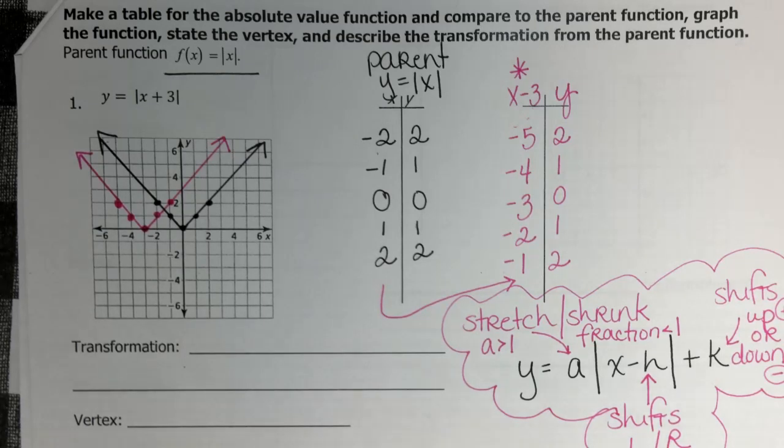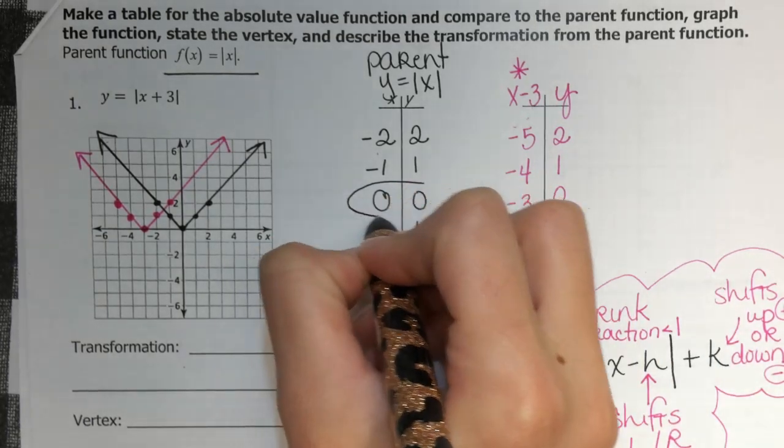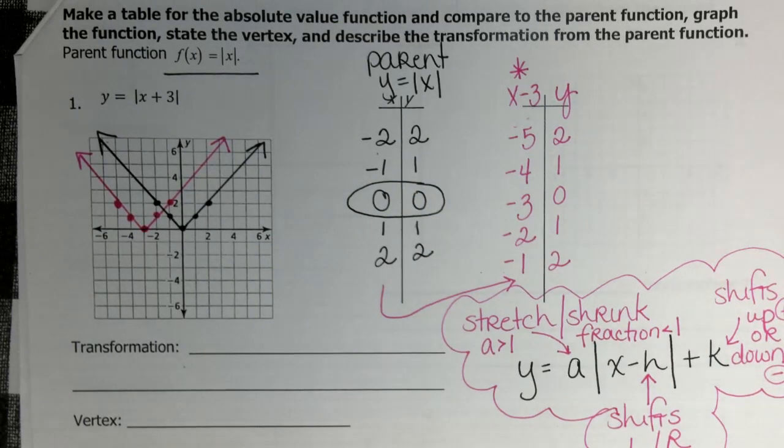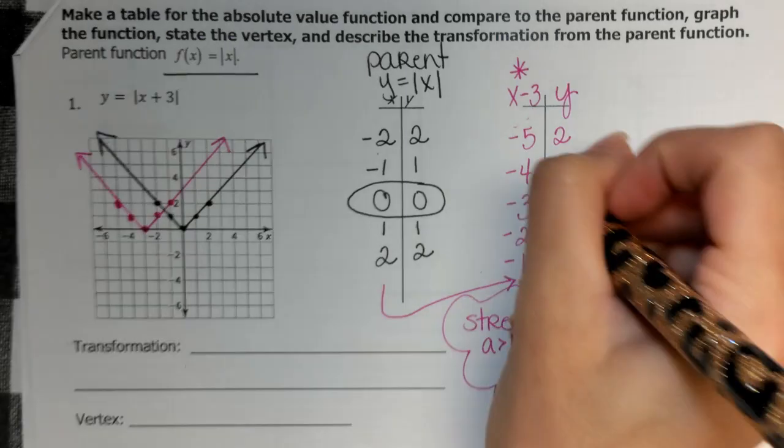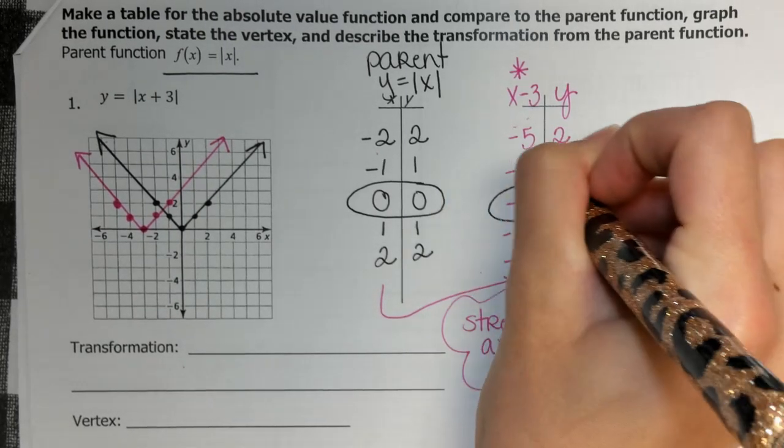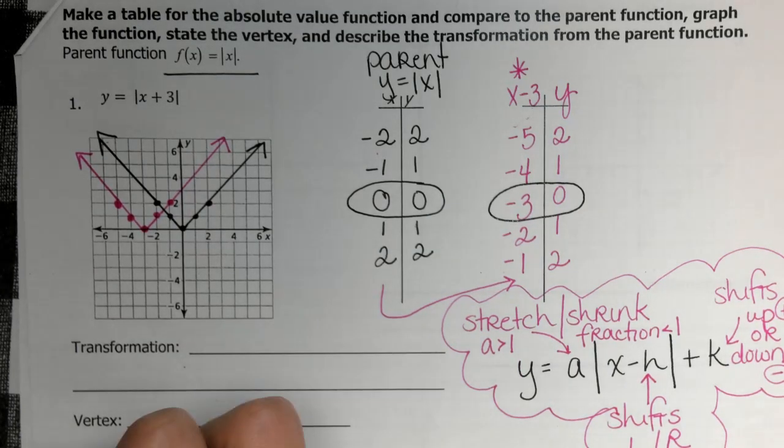All right, so if 0, 0 is the vertex of my parent function, what is my new vertex? Your vertex is the center of your graph, -3, 0. So the vertex is always the center of your table also. So my vertex is -3, 0.